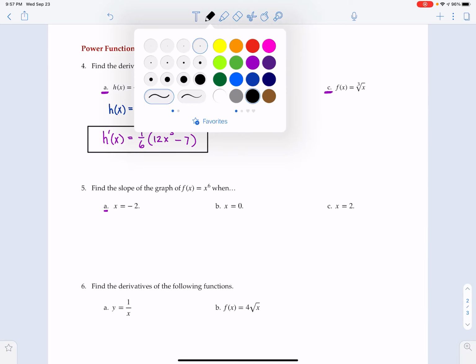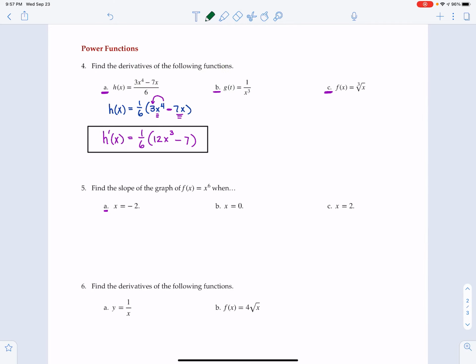Okay, whether or not you paused the video, the key here in letter B and letter C is to rewrite the function as a power function. And so 1 over x to the third, maybe you notice that this is x to the negative third. And we should change this really to g of x, my apologies.